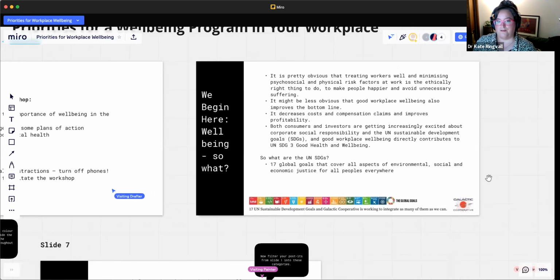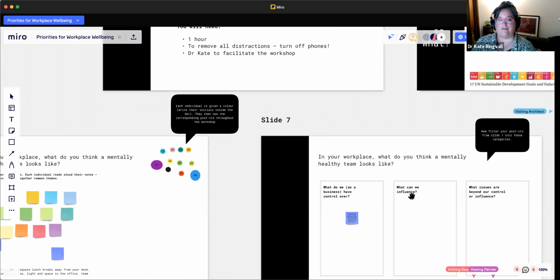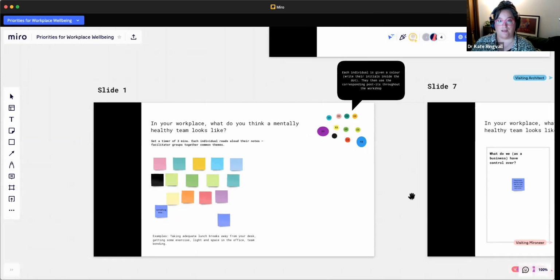We're going to tease out what are some of the things that we would expect a workplace to have in any reputable and worthwhile wellbeing program. Why we would be doing it, we're going to unpack why that's important, and look at the things that we should be looking out for, and what we absolutely want to be reducing as far as risk factors. And then we'll talk about how they connect to the SDGs if we have time. So Kate's going to be my timekeeper. So let's move across to slide 1.